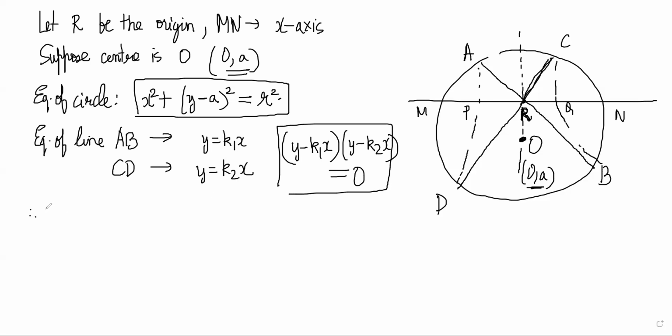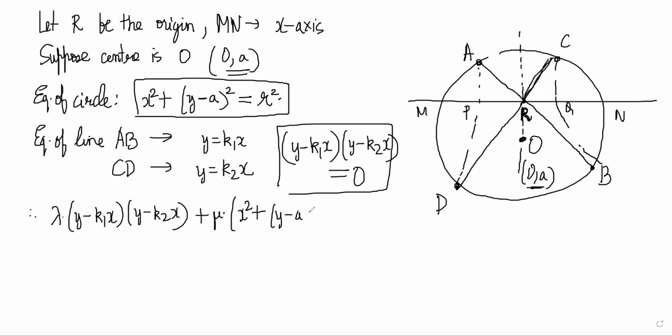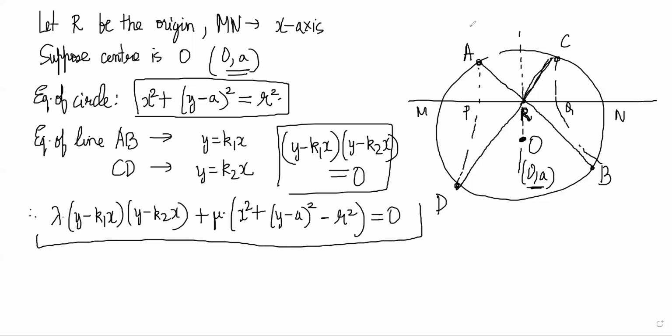So therefore, the equation of the family of conics that passes through the intersection points of my circle and this pair of straight lines should be: lambda times (y minus k1 x)(y minus k2 x) plus mu times (x squared plus (y minus a) whole squared minus r squared) equals 0, right?